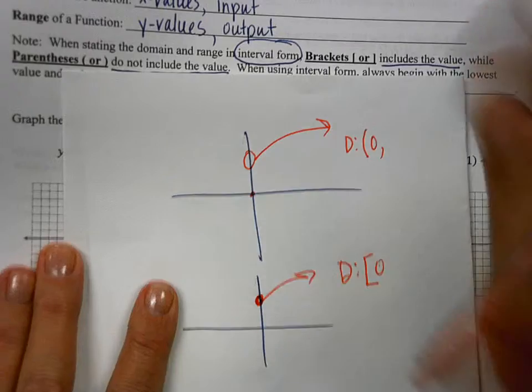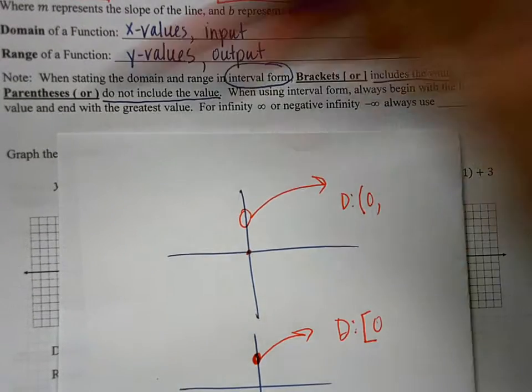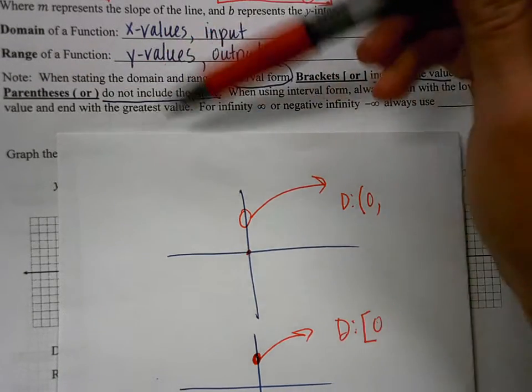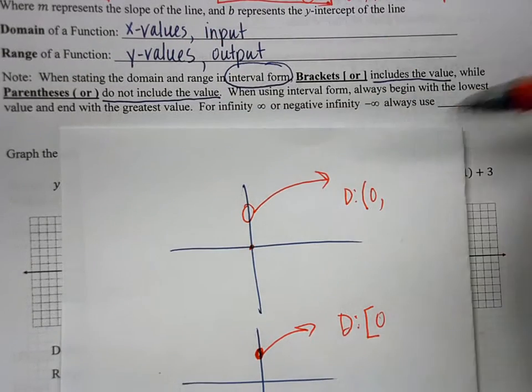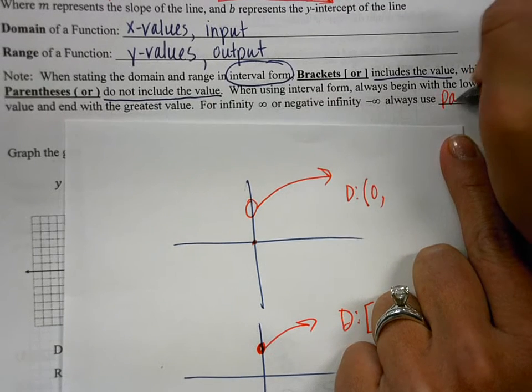Okay? Now, the next thing on your notes is that it says that when using interval form, always begin with the lowest value and end with the greatest value. For infinity or negative infinity, you will always use parentheses.